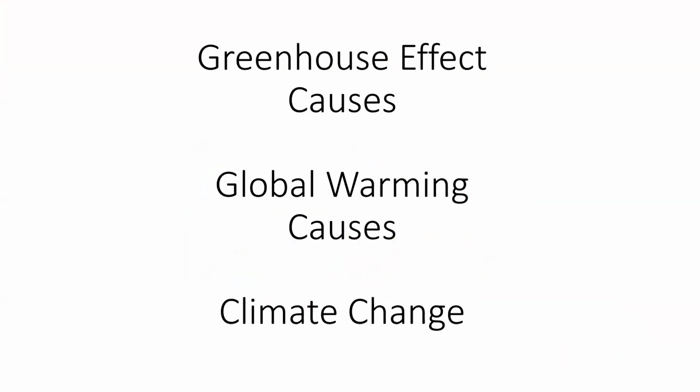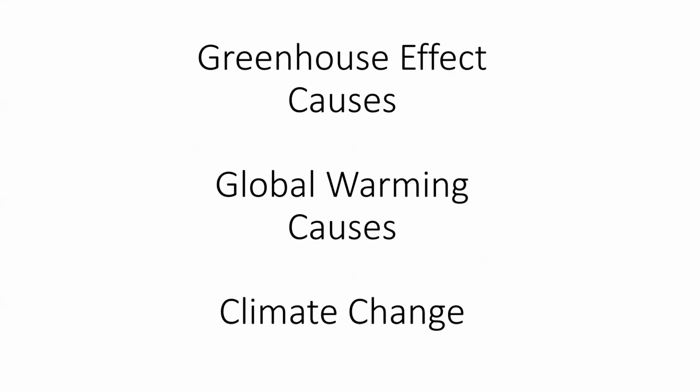Right. More environment stuff. So we've now got the greenhouse effect, global warming, and climate change. They could talk about what causes global warming, or what causes climate change, right?